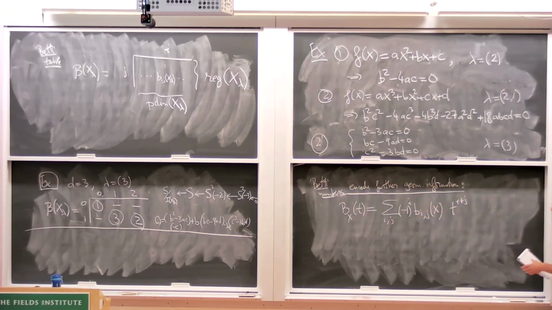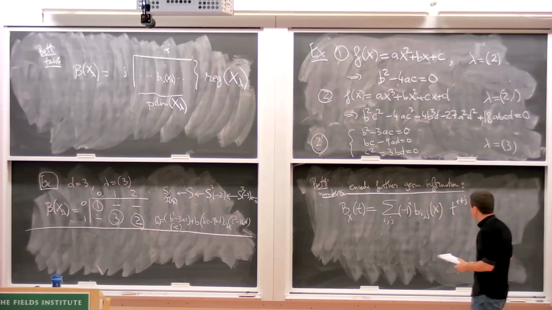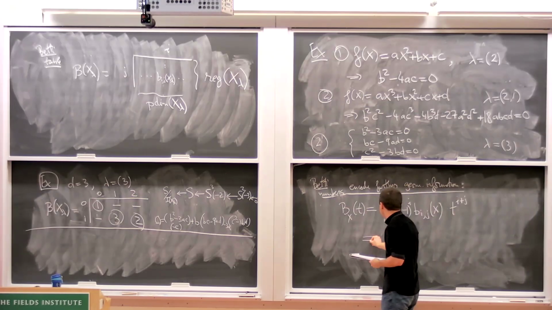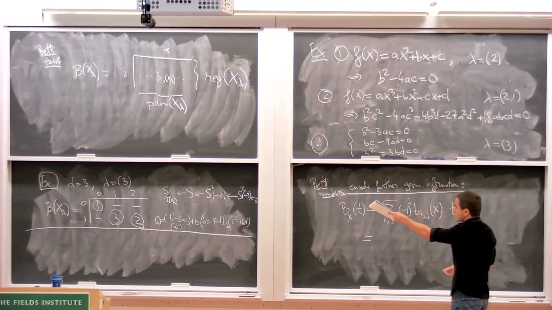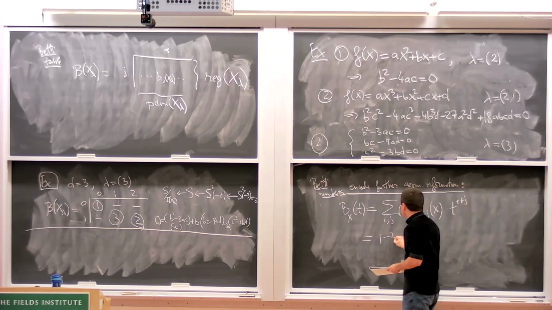This is a univariate polynomial that you can cook out of the Betti numbers. In our example it is just 1 minus 3t squared plus 2t cubed.